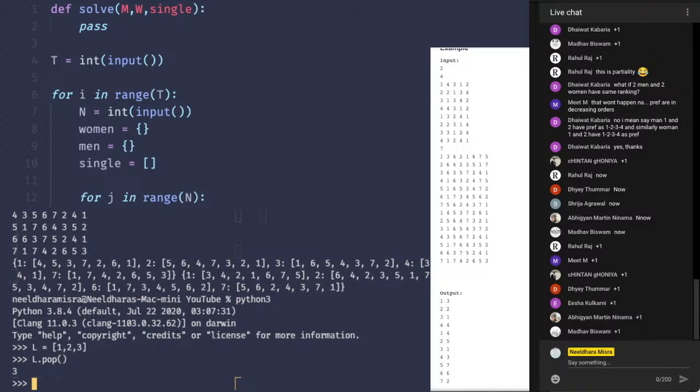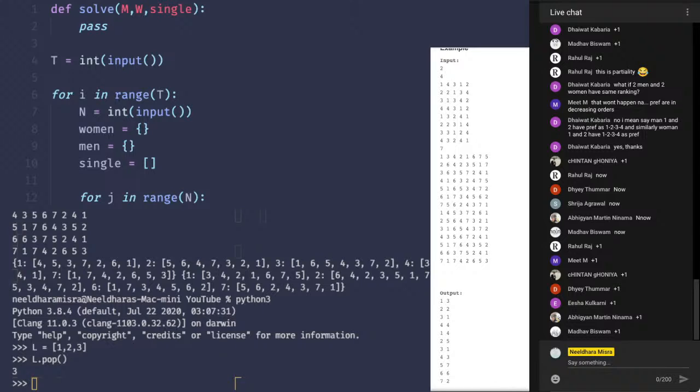So, to make sure that we are recovering the top preference, I'm going to reverse the list so that pop has the desired behavior. In anticipation of the use of pop in due course, I'm just going to reverse these lists so that when we keep popping from the list, we get the men and the women in the correct rank order.